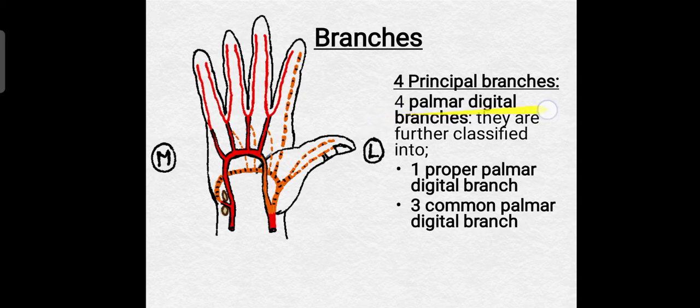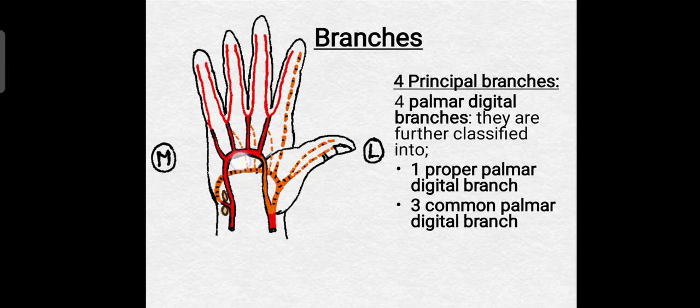So these four palmar digital branches or the four principal branches are further classified into three types. So here you can see the three types, where the first one you can see it is rising from the superficial palmar arch and running straight to the medial aspect of little finger, isn't it? But what about the other three? Here we have 1, 2 and 3.